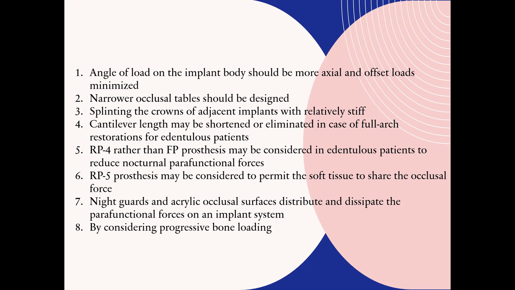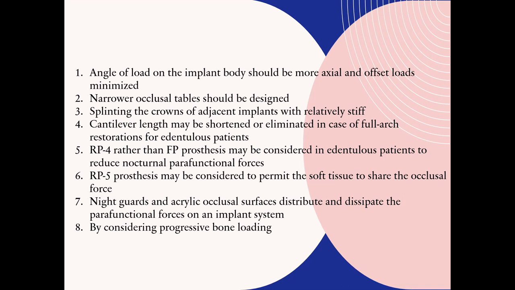A narrower occlusal table should be designed, splinting the crowns and implants, and cantilever length can be reduced or eliminated in case of full arch restoration, and you can prefer an RP4 prosthesis rather than a fixed prosthesis in an edentulous patient to reduce the nocturnal parafunctional forces, and an RP5 prosthesis can be considered in order to permit the soft tissue to share the occlusal force.